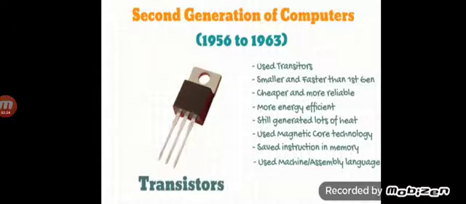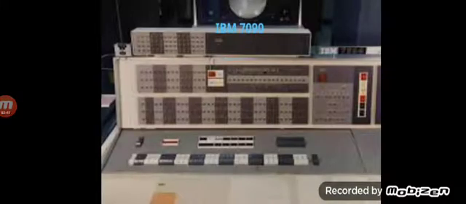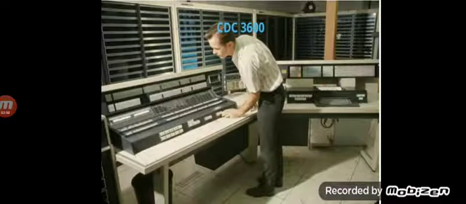They were more energy efficient, though they still generated a lot of heat. They were also the first computers to use magnetic core technology, which stored instructions in memory. They used machine and assembly language to program. Examples include IBM 7090 and CDC 3600.